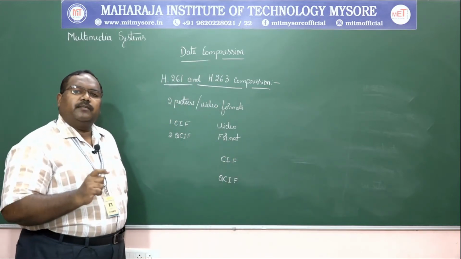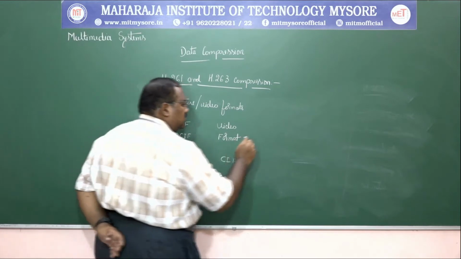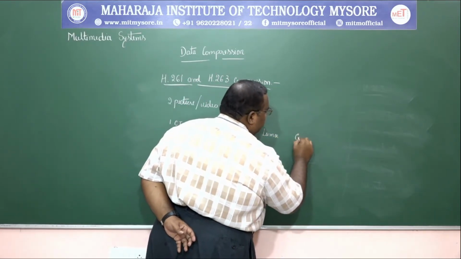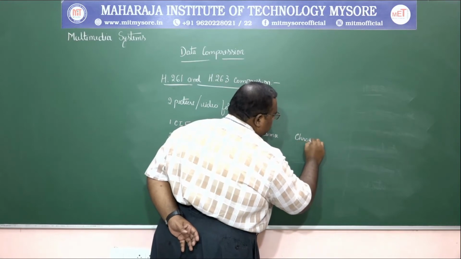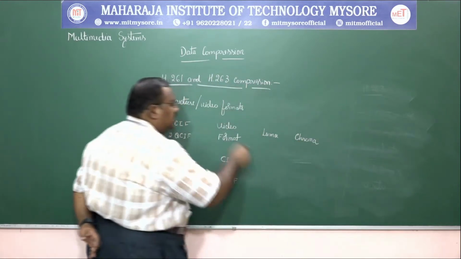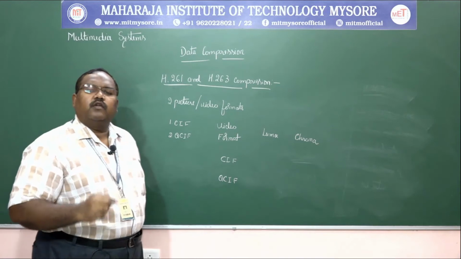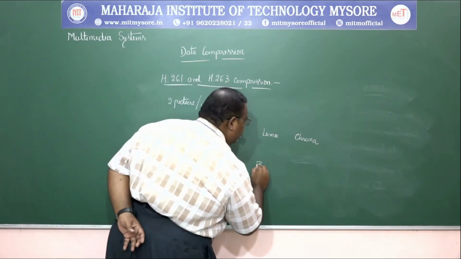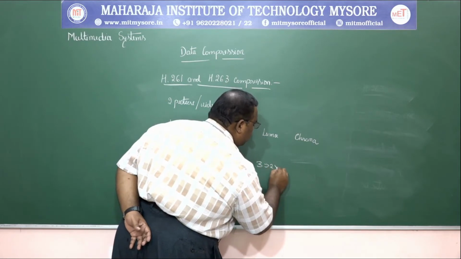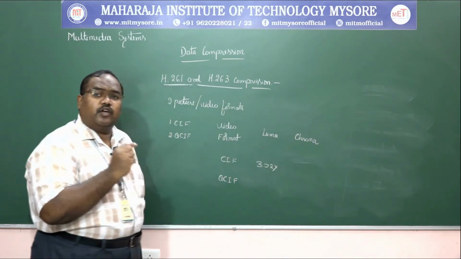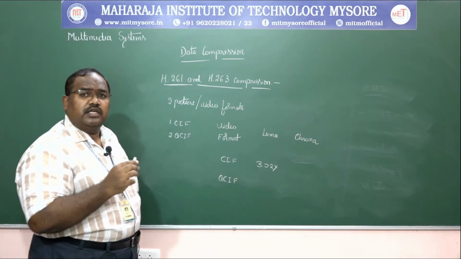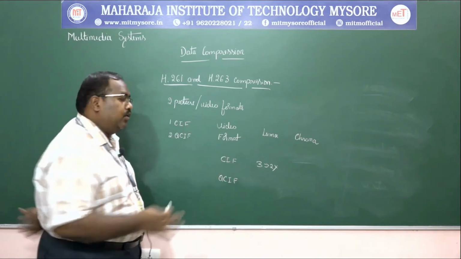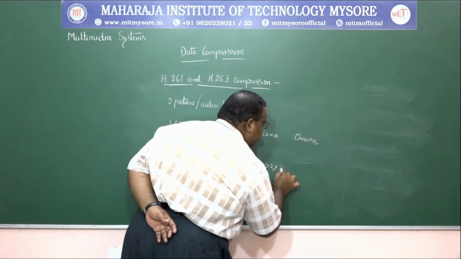The next parameter would be luma, and the second one is chroma. In CIF, when I talk about luma, it is 352 into 288, which is the resolution.